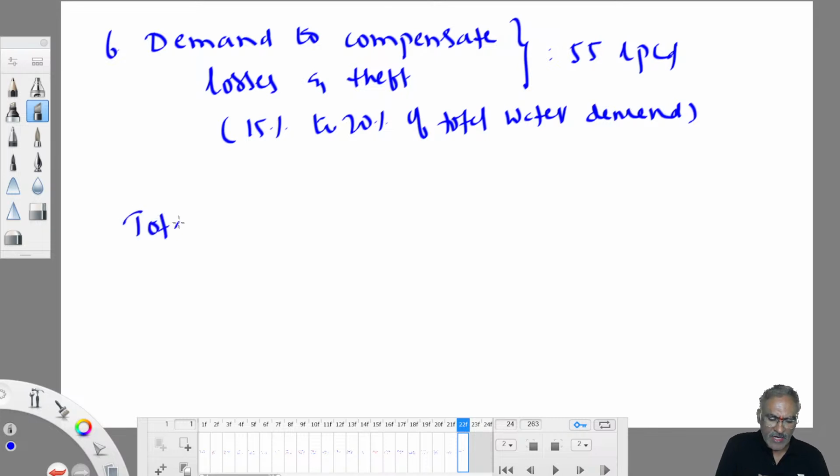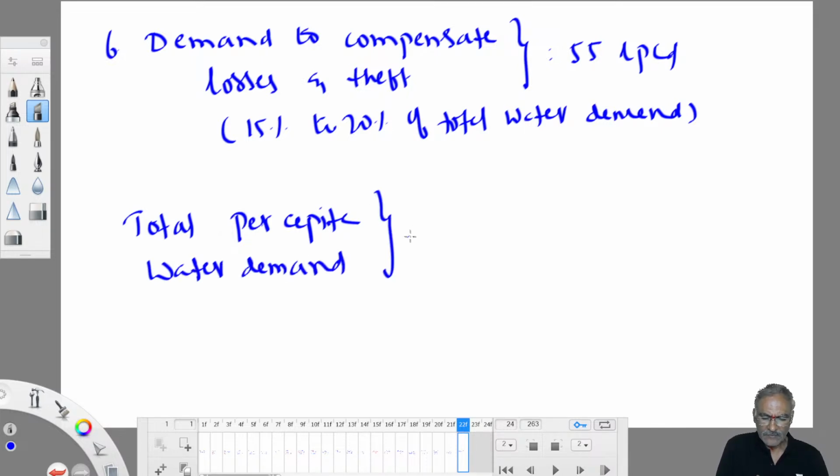Total per capita water demand comes around 270 to 335 LPCD, as per IS code.